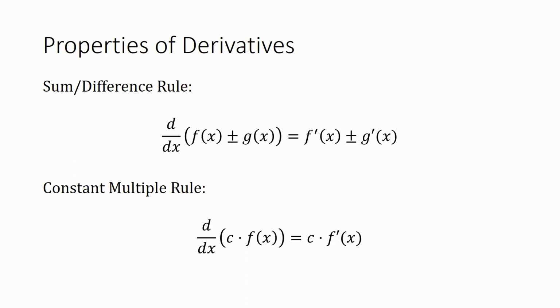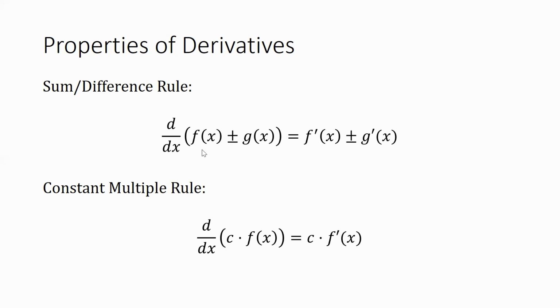So the properties of derivatives, it turns out, we have two properties of derivatives. One is called the sum difference rule. And that says if you take a derivative of two functions, added or subtracted, then what we can do is split it up and take the derivative of the first piece plus or minus the derivative of the second piece.